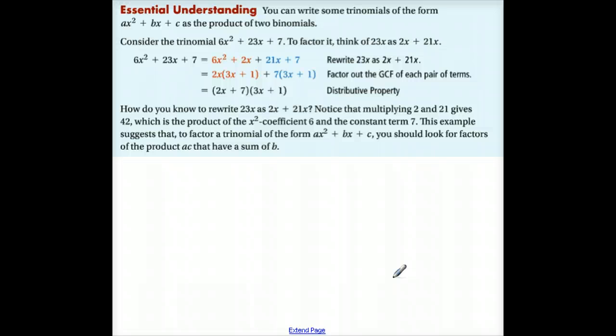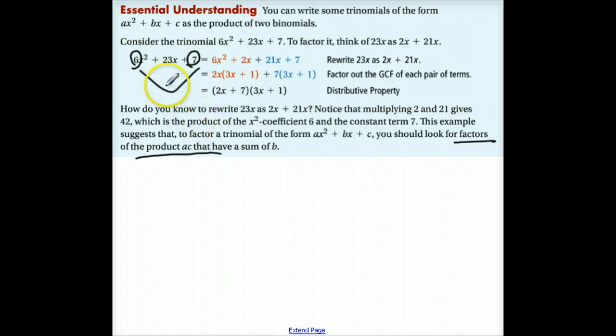So, remember that we can write some trinomials of the form ax squared plus bx plus c as the product of two binomials. This is exactly like our last lesson. However, instead of just paying attention to the product of the third term and the sum of the second term, we need to pay attention to factors of the product AC. Here's A, here's C, the product of those two numbers.